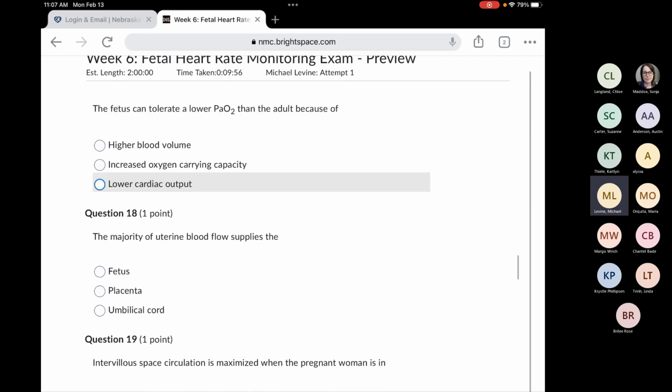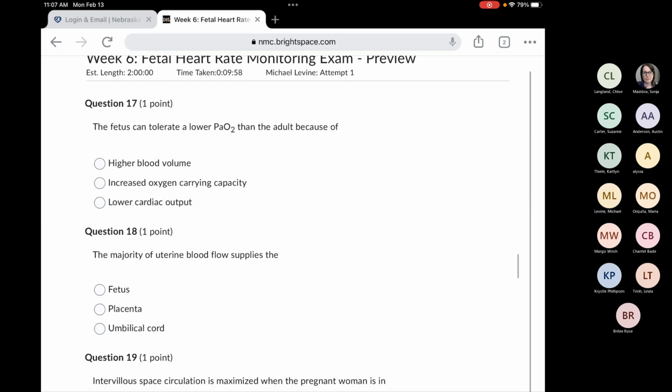Number 17, the fetus can tolerate a lower PaO2 than the adult because of higher blood volume, increased oxygen carrying capacity, lower cardiac output. Well, if you think about it, a fetus has a different hemoglobin in utero than the adult.